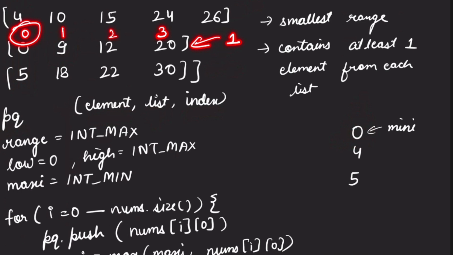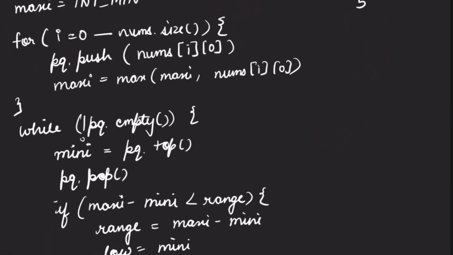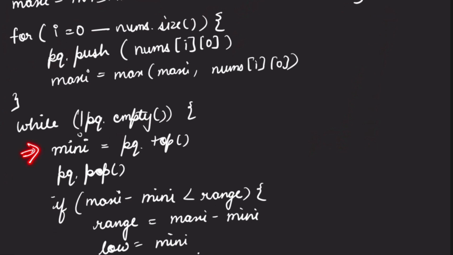So its index is 0. So for this 0, you will store 0, 1 and 0. So this will be present in our priority queue. So here when we are taking the top element, instead of mini, we will get three things now: mini, your list and your index.